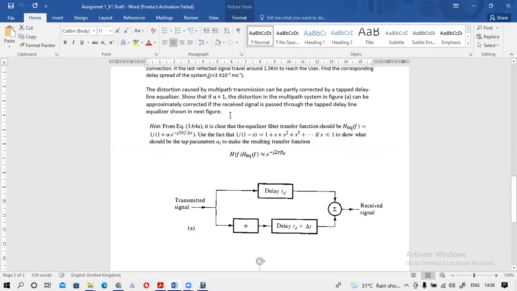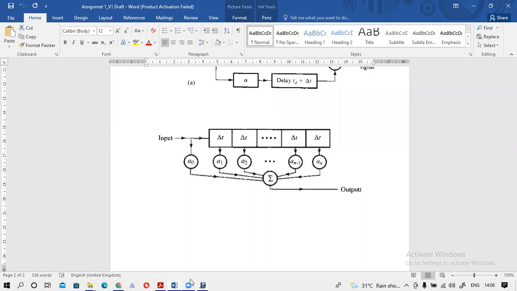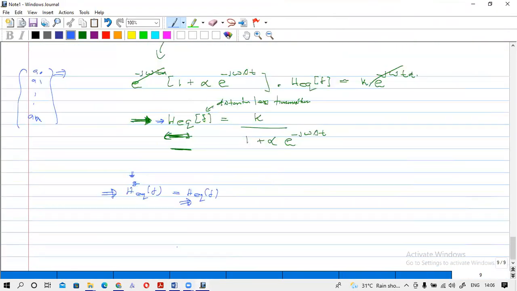We have to use that alpha is very much less than 1, and also we have to use this identity.